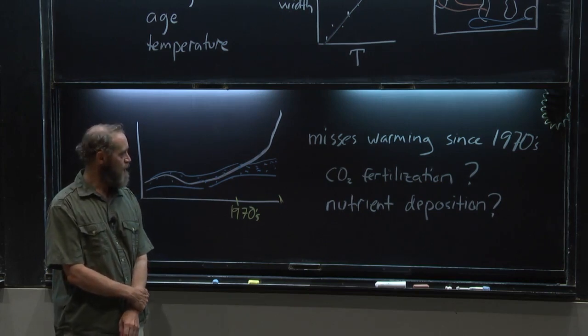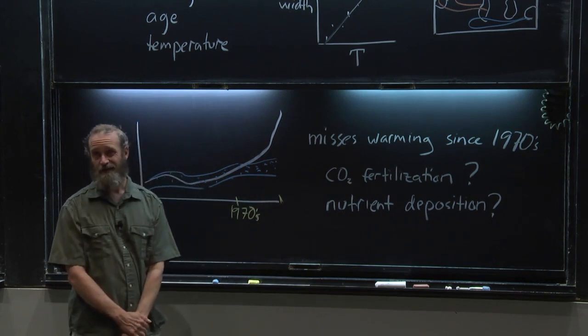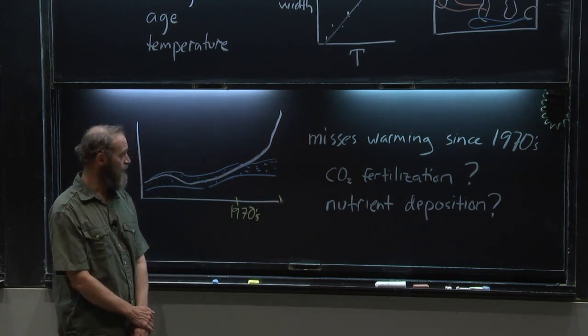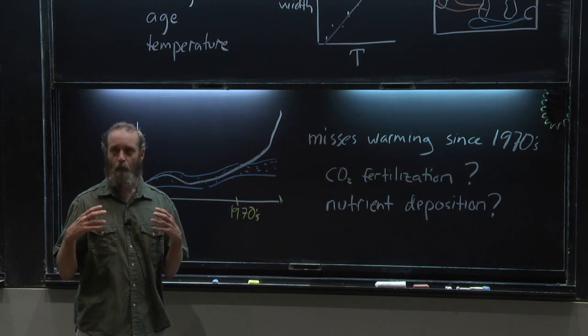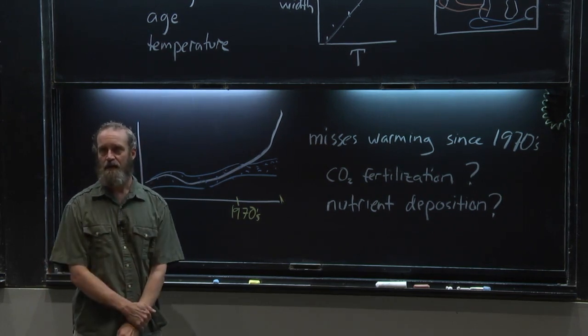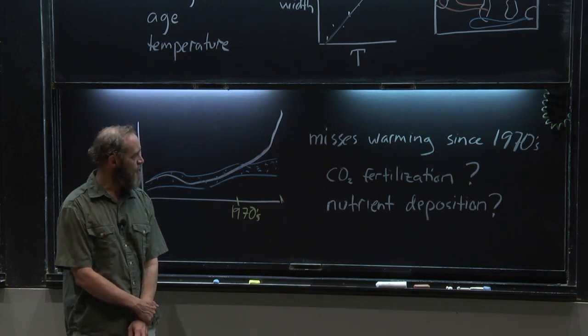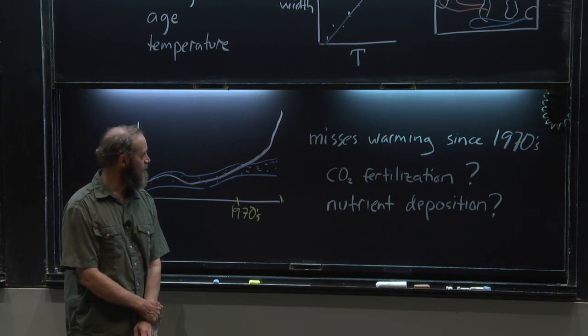It could be because rising CO2 concentrations actually fertilize the trees in some way. It could be because one of the components of acid rain is nitric acid, which is nitrate, which is a fertilizer. So maybe fertilizer deposition has impacted the fidelity of the tree ring method.